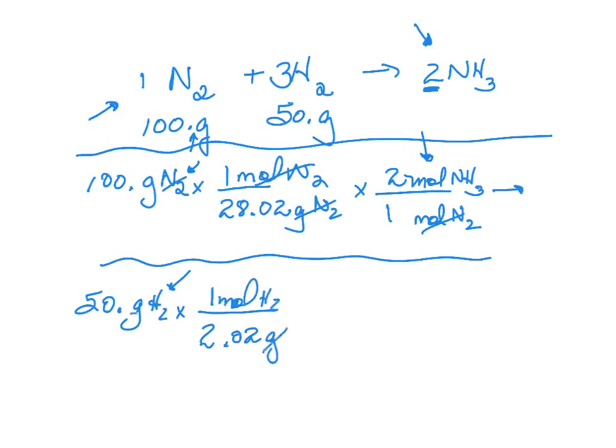And okay, once I get it into moles of hydrogen, I'm going to use a mole ratio to convert that to moles of NH3. Now hydrogen has a coefficient of 3 in the balanced reaction. And of course NH3 has a coefficient of 2.